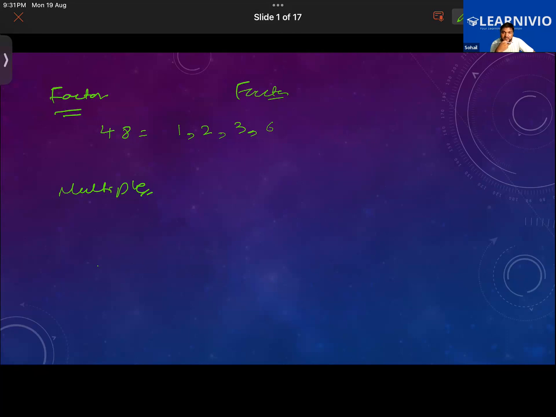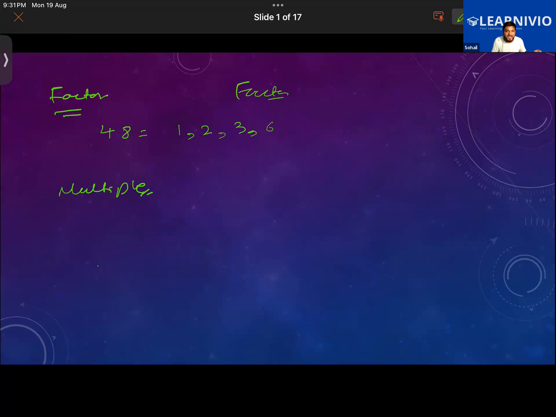First of all, give the definition of multiple. I think you forgot what I told you in the previous class. I told you that I will be asking the definitions of different concepts which we have learned in the class. Pay attention to what I say in the class. You have to memorize the different definitions, different concepts which we learned.